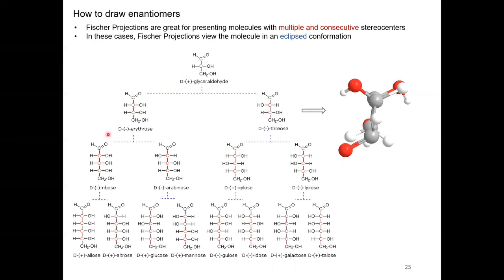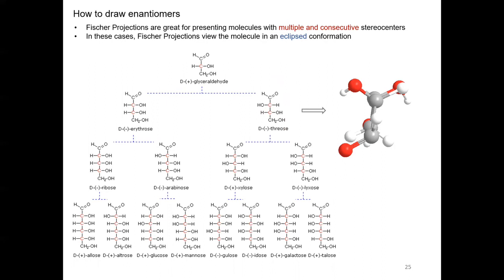In these cases, Fischer projections usually view the molecules in an eclipsed conformation. So this OH is pointing to you, this OH is also pointing to you, right? And that makes them eclipsing, because this OH and the H in the back are eclipsing.